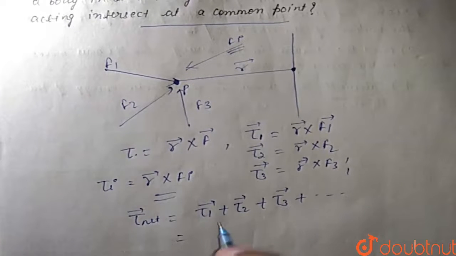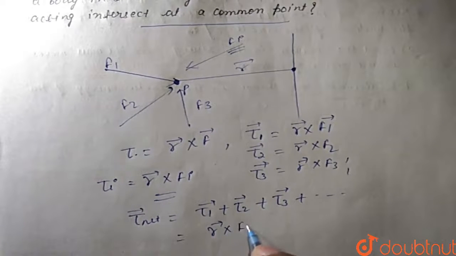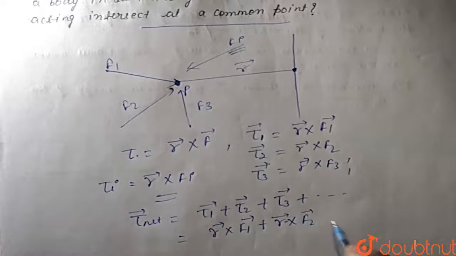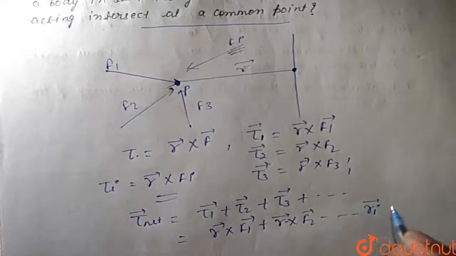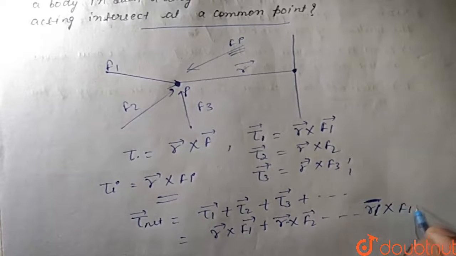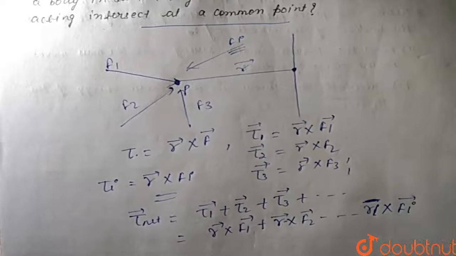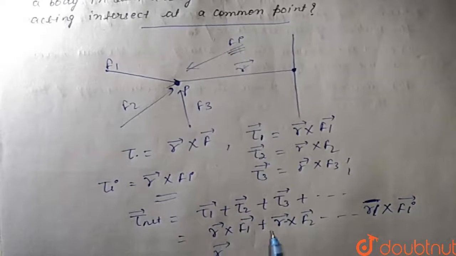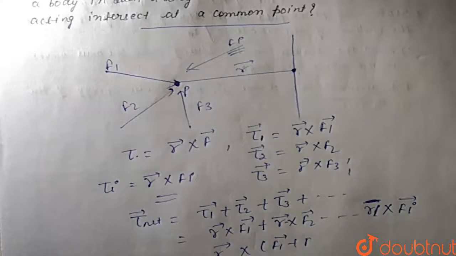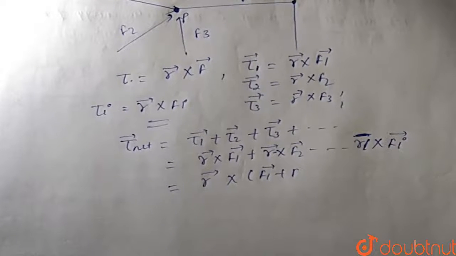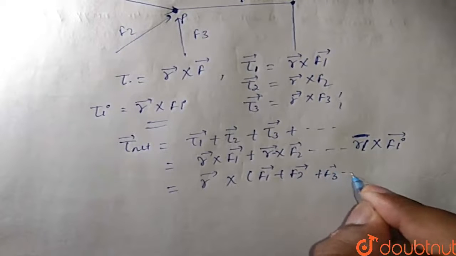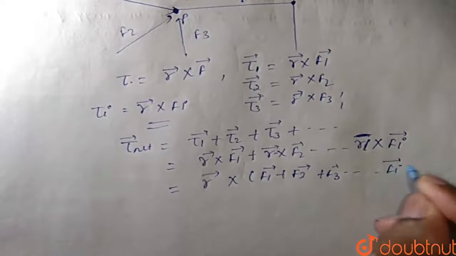So what will we get? R cross F1 plus R cross F2, similarly up to R cross Fi. Now we can take R common and we will get R cross (F1 plus F2 plus F3 up to Fi).